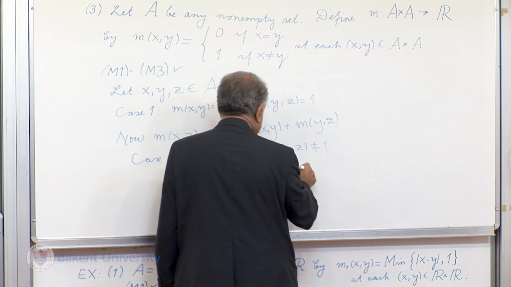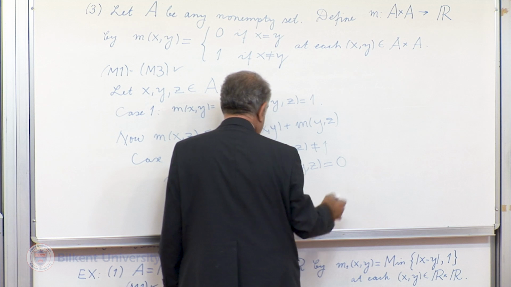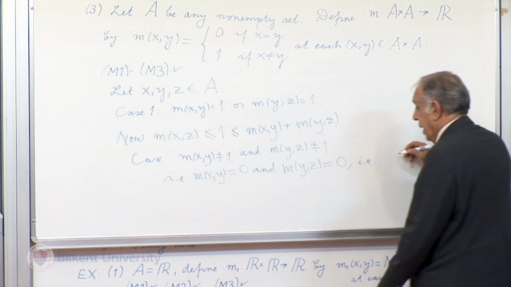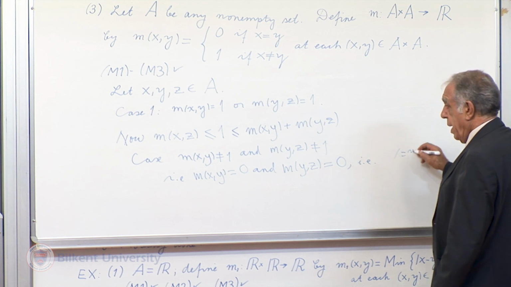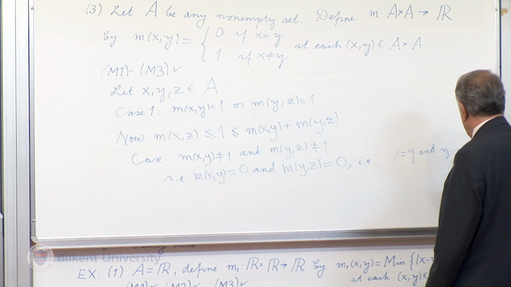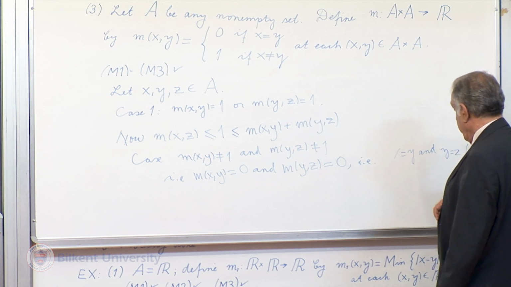If m(y,z) is different than 1, it must be 0. That is, x is equal to y, and y is equal to z by M2, which we have already shown.